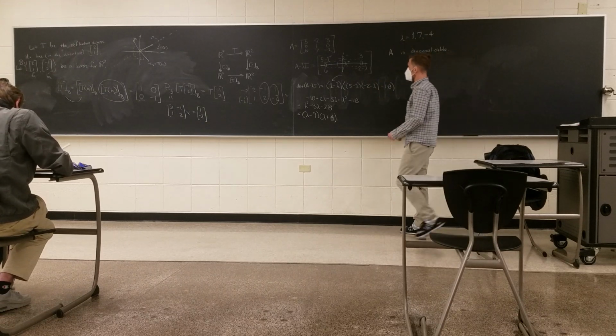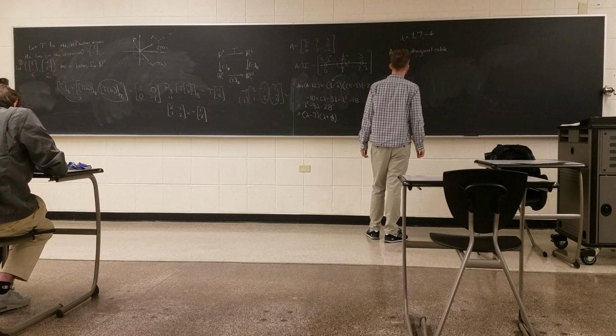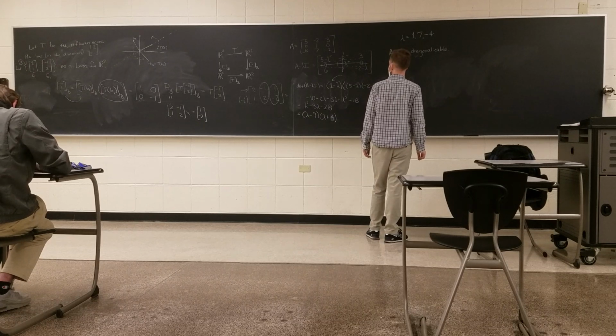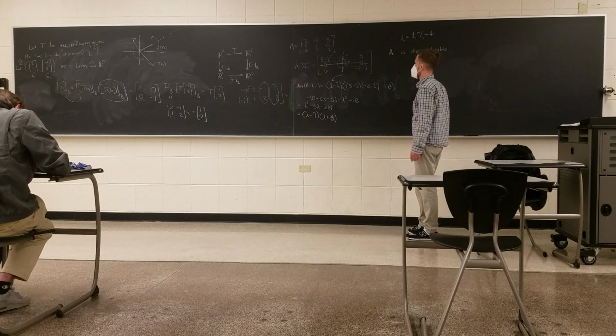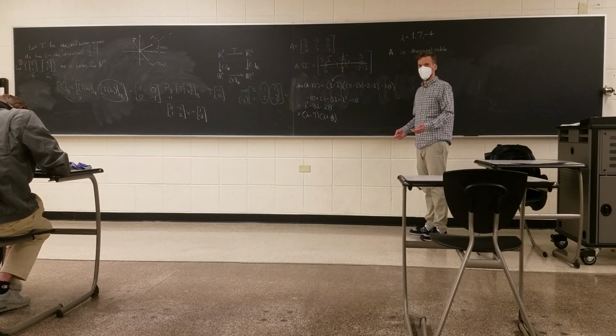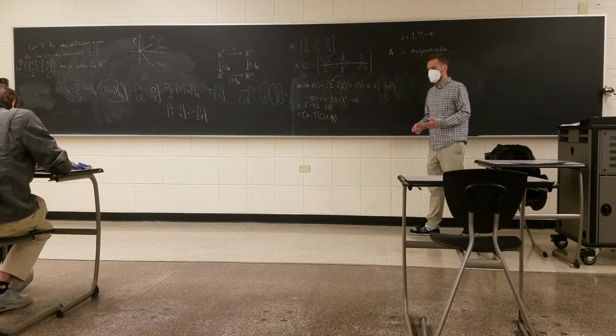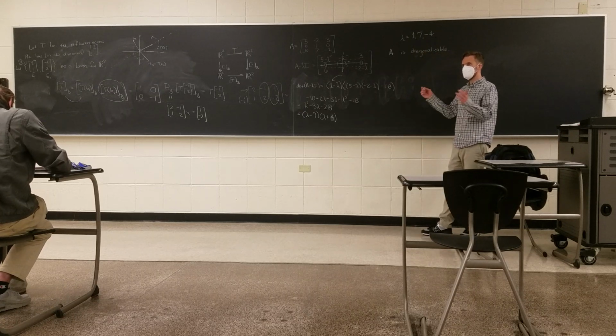So let's actually just finish this off. How do we get the eigenvectors? An eigenvector is a basis for the eigenspace. So our choice is only unique up to multiplying by some scalar.